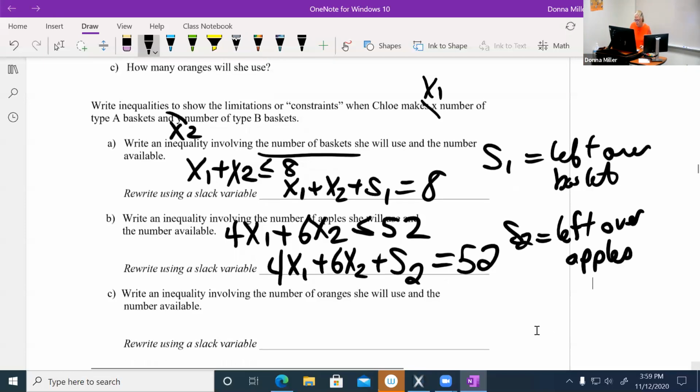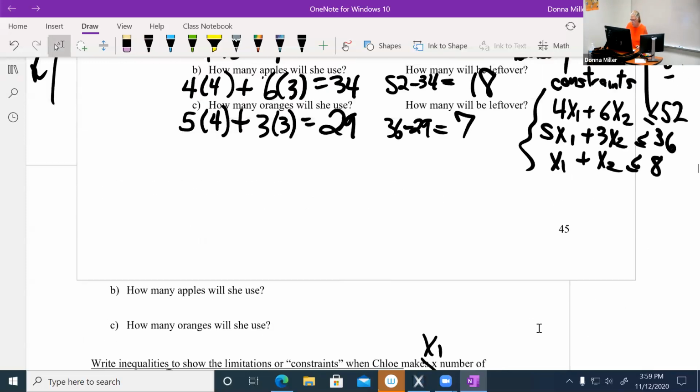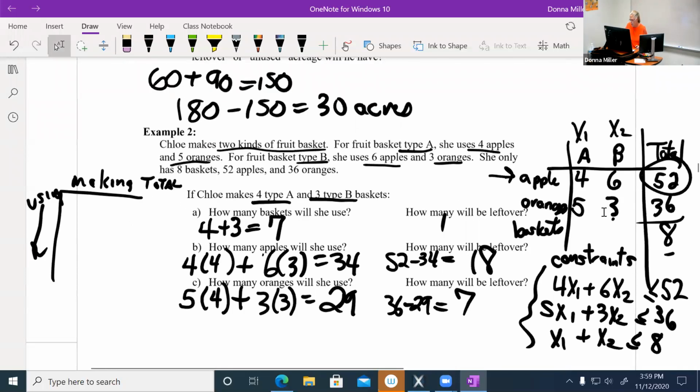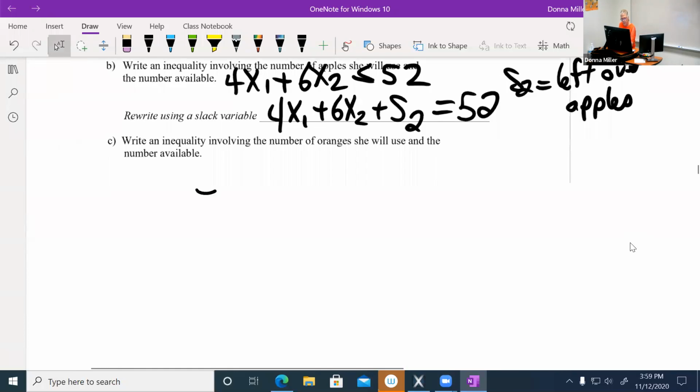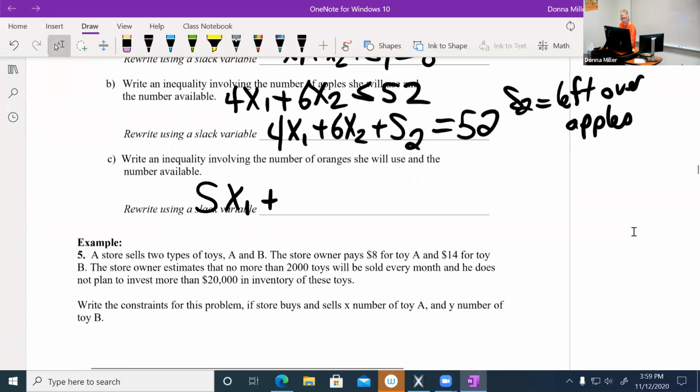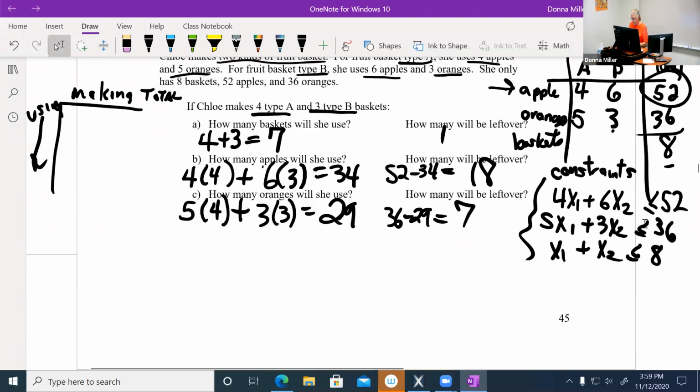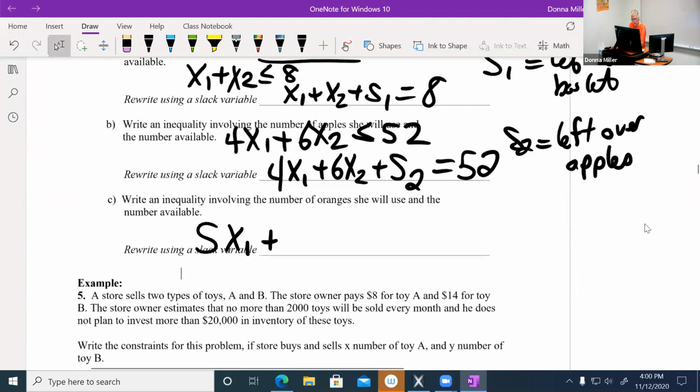I've got to do oranges. So I go up to my table. I've got 5x1 plus 3x2 is less than 36. So I can just read across. Now I'm going to introduce another slack variable called S3. That's leftover oranges.